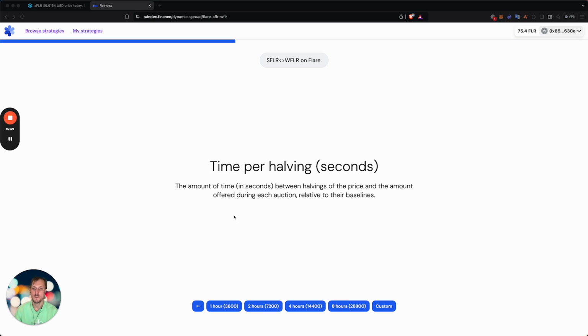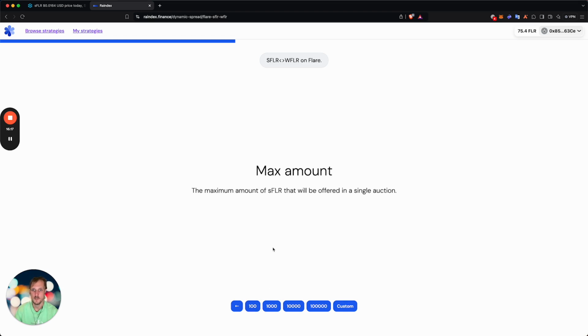So each of those trades is going to make less profit generally, but you'll have more of them. And if you make it longer, you're going to have fewer trades, but when the trades do go through, it's going to be a wider spread. So those fewer trades each represent a larger spread, so a larger profit in general. It's not exact, it's based on market conditions, but in general, that's what this means. So we can set this at 2 hours for now.